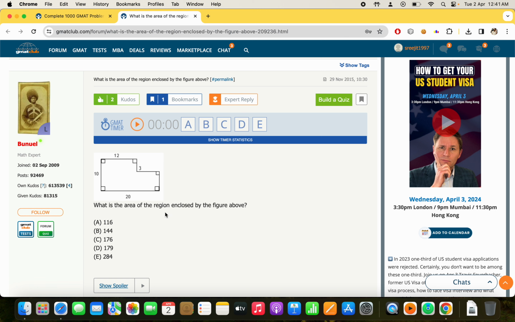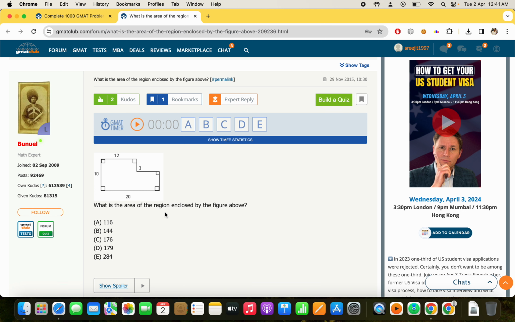The question is kind of, what's the region? Need to think a bit. Can't see any region here.